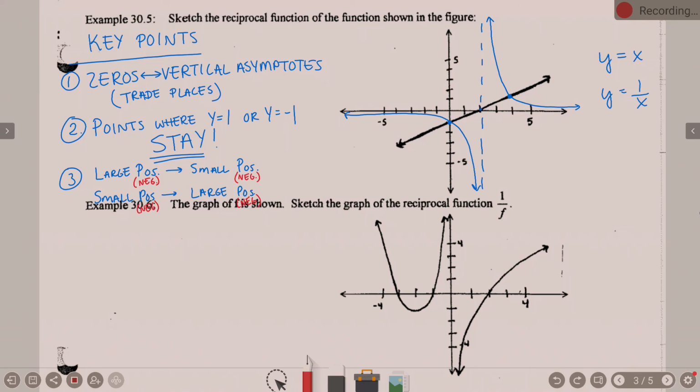I see a 0 at -3, so that's going to be an asymptote. I see a 0 at -1, so that's an asymptote. I see a 0 at 2, so that's an asymptote.